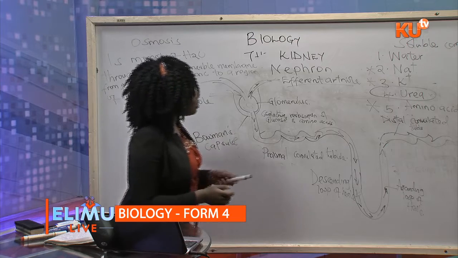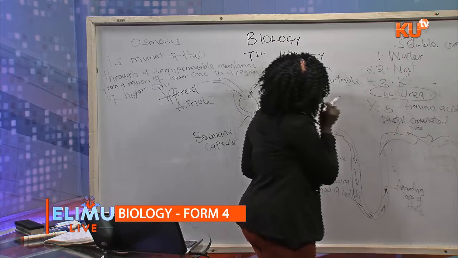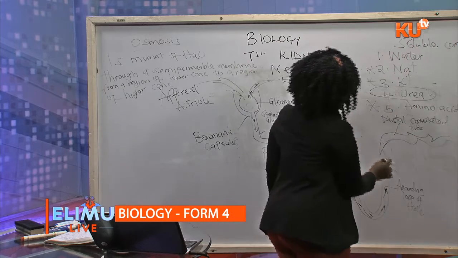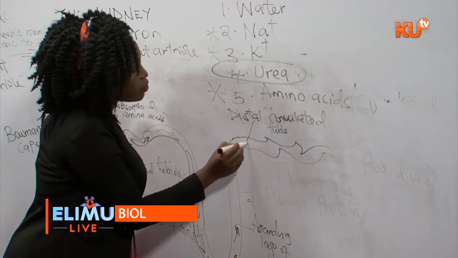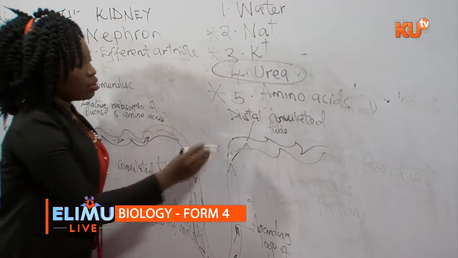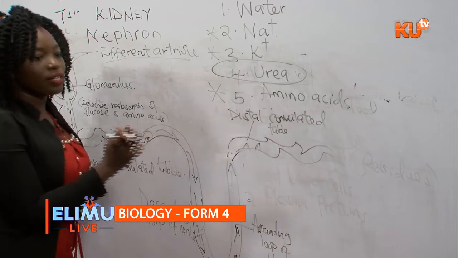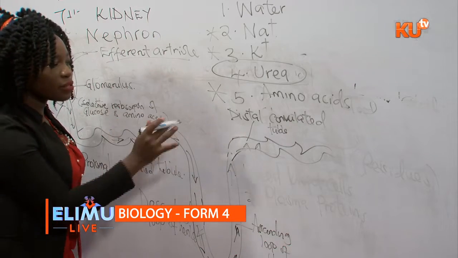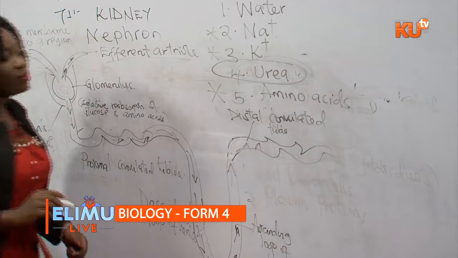When water gets to the distal convoluted tubule, the sodium ion and the potassium ion are released from the cell to help the water move out of the cell. The relevance of this is to help in the dilution of urea.